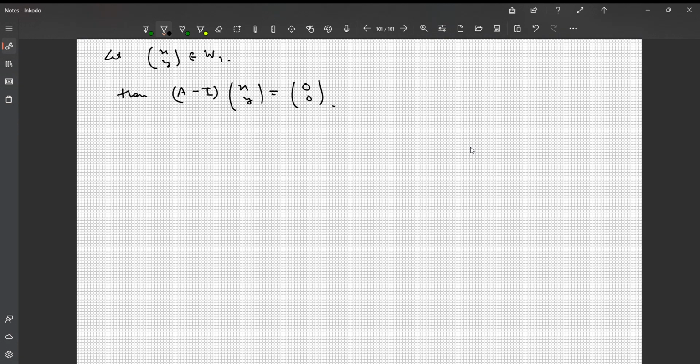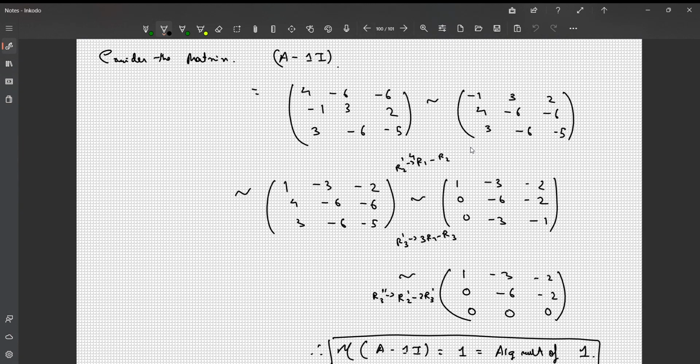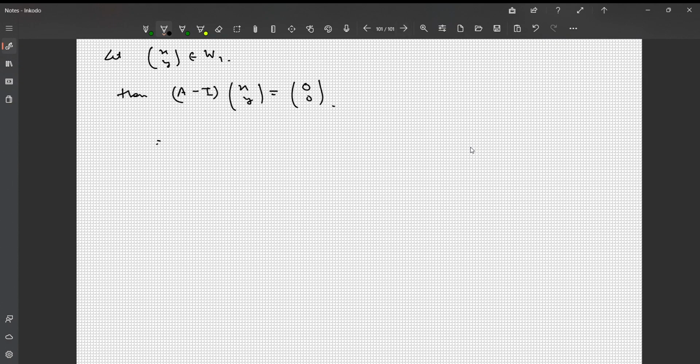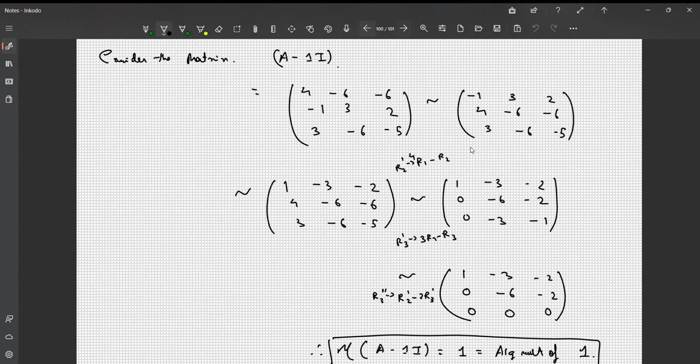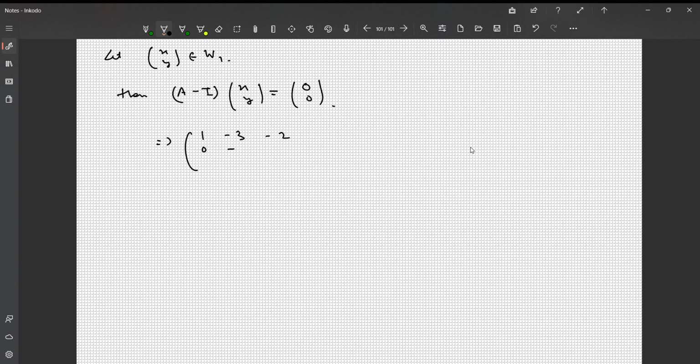We had come up with the following: 1, minus 3, minus 2; 0, minus 6, minus 2; and 0, 0, 0. So this equals 0, 0, 0, right?